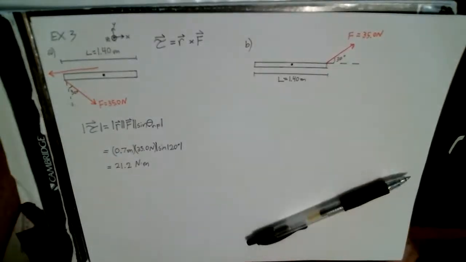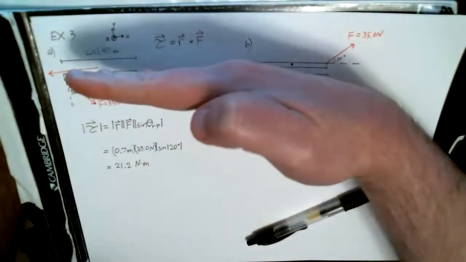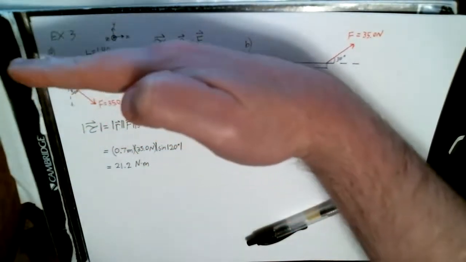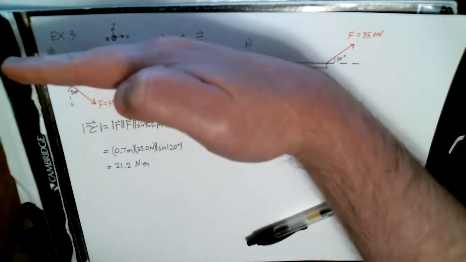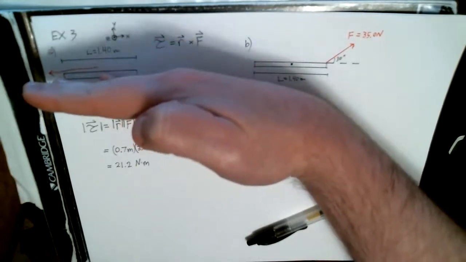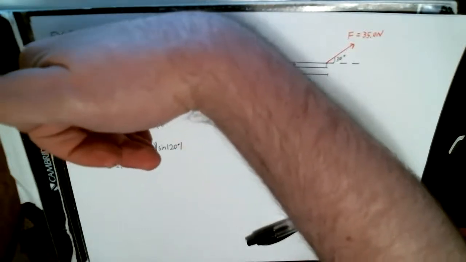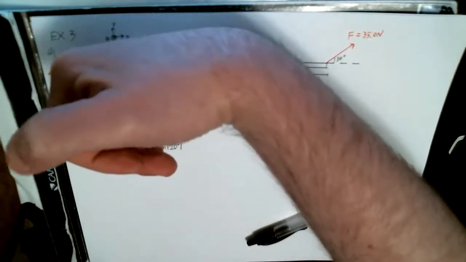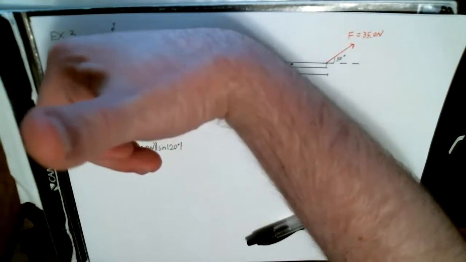Now, to find the direction of torque for the cross product, I point my fingers along the r vector to the left, to 9 o'clock. Then I curl my fingers in the direction of the second vector of the product, in the direction of F. So I curl my fingers down to the right, and then the direction of my thumb tells me the direction of my torque.